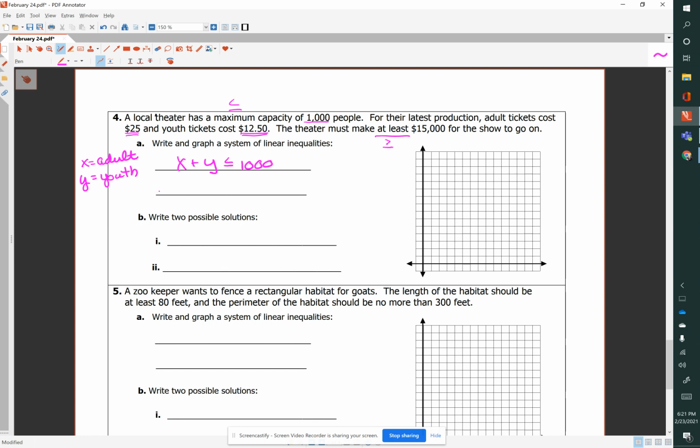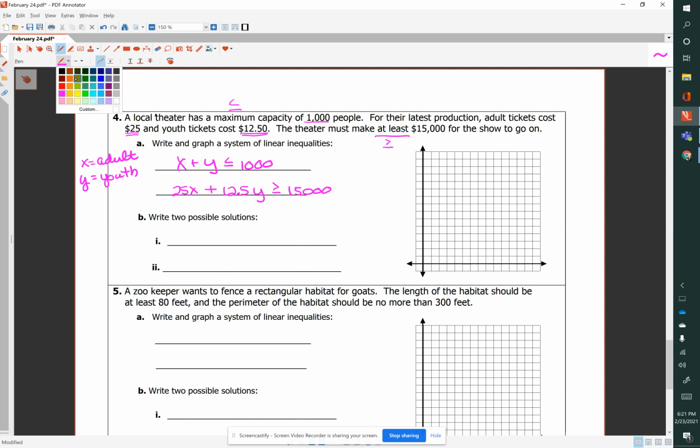Now, the youth tickets and the adult tickets must make her at least $15,000 or she cannot cover her expenses. So we've got the adult tickets for $25 plus the youth tickets for $12.50, and that must be greater than or equal to 15,000.